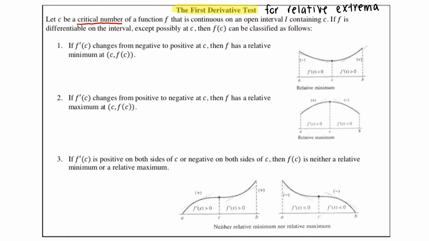So number 1 says if f prime of c, so if the sign of the derivative changes from negative to positive at c, then f, our function, has a relative minimum at the point c, f of c.